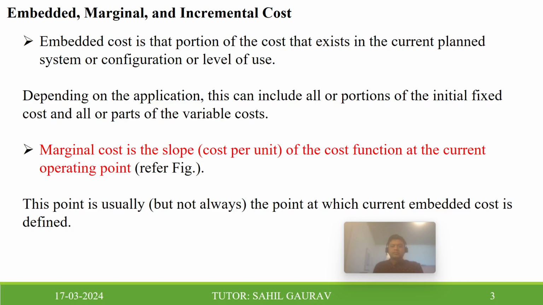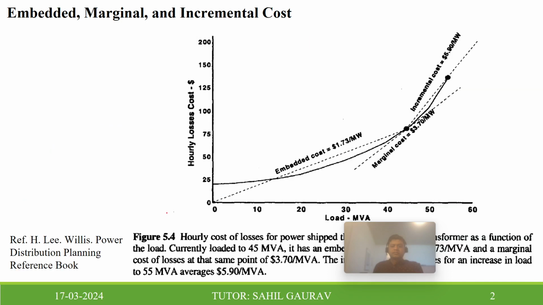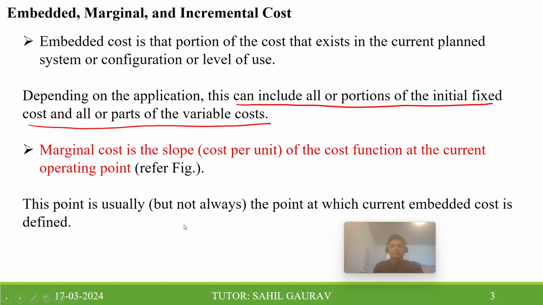While marginal cost is the slope of the cost function at the current operating point. Here in the figure, this marginal cost refers to the load of 45 MVA. This point is usually not the point at which current embedded cost is defined.